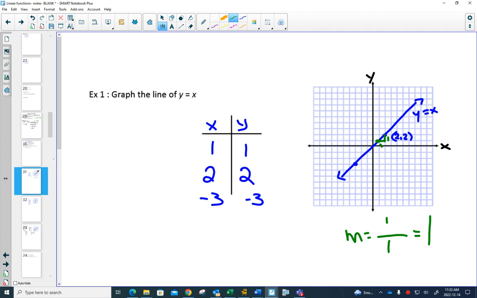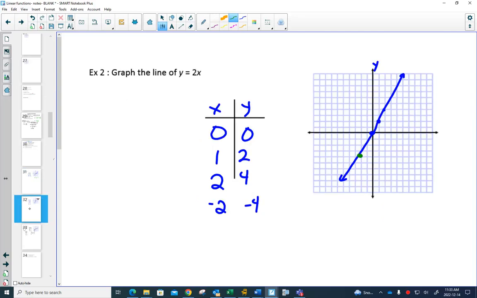Do I have to use the formula? No. You could, if you wanted to. You could choose this as your x1, y1, and this is your x2, y2, and you could use the formula. But if you've already got the picture, then it's really easy to draw the rise and run off your picture and just do it with mental math. We already have the graph here.